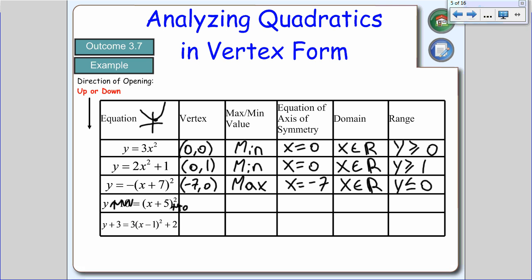And your vertex is at what point? -5 and... Why is it a minimum? It's a minimum because there's no negative out front. Remember, it's the opposite of what your p value looks like, and it is what your q value looks like.